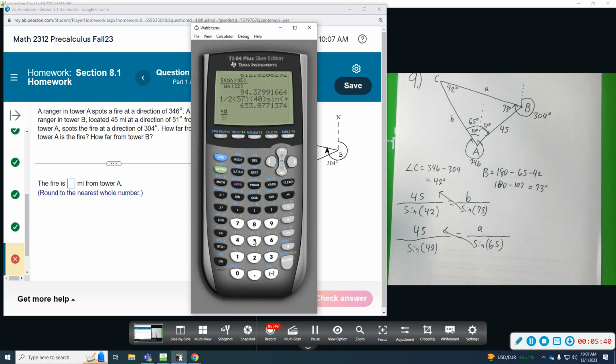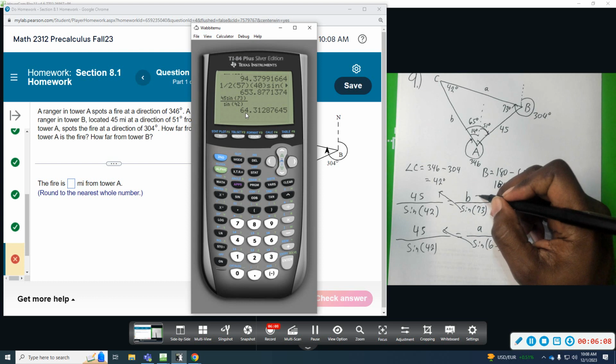Okay, so I'm going to do 45 times the sine of 73, divided by sine of 42. We want to round to the nearest whole number, so the distance from Tower A to the fire is roughly 64 miles.